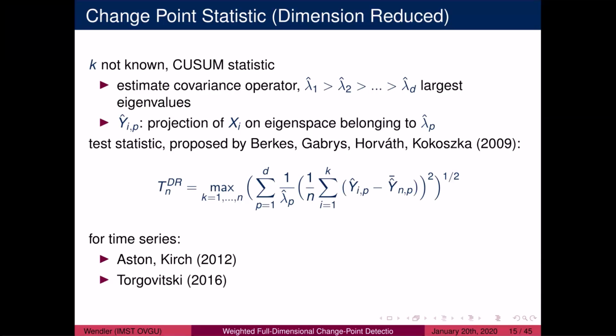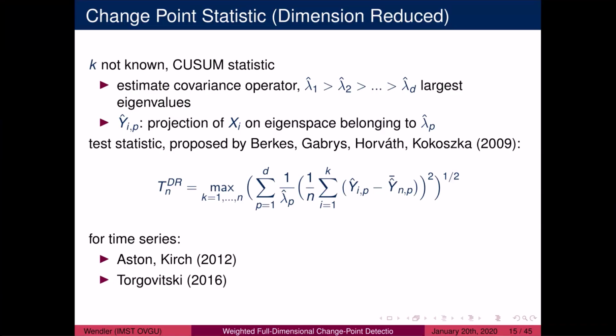Under the null hypothesis, the overall mean is a good estimator for the expectation, and is also a good estimator for the expectation of the first k random variables, because all have the same expectation. So you expect this will fluctuate around 0, but with no systematic deviation from 0.